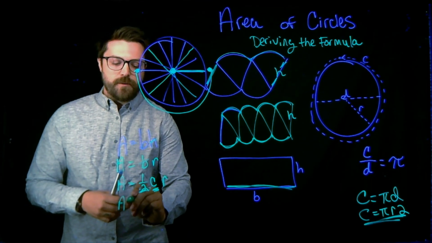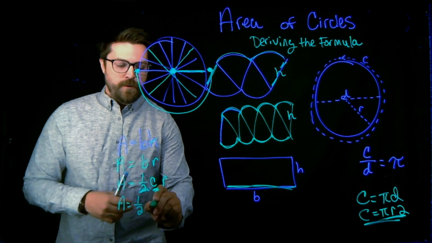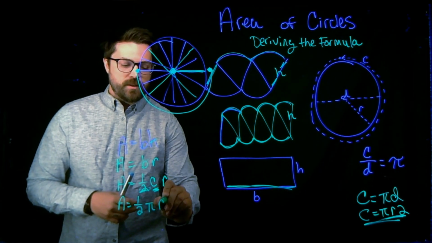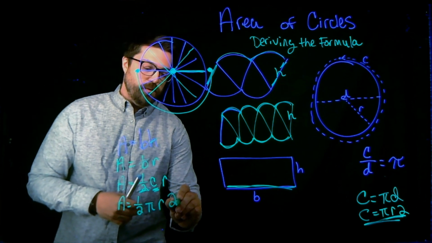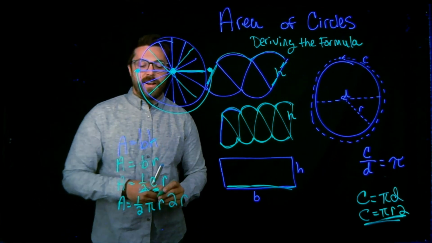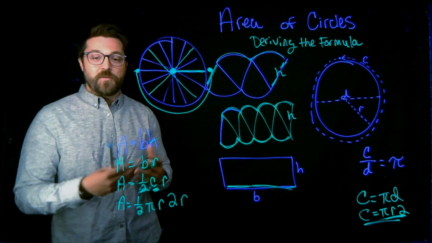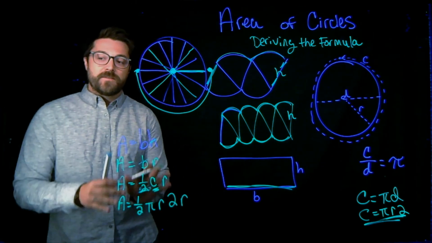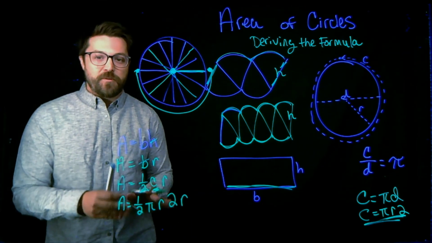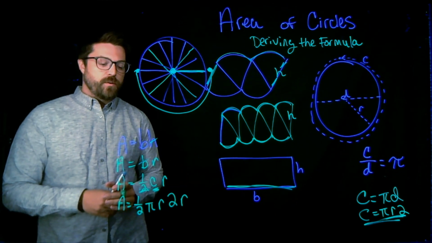So area equals 1/2 of pi times the radius times 2 times the radius. And so now we're getting there. If you're familiar with the formula for area of a circle, this is starting to look very familiar to what you are used to seeing.